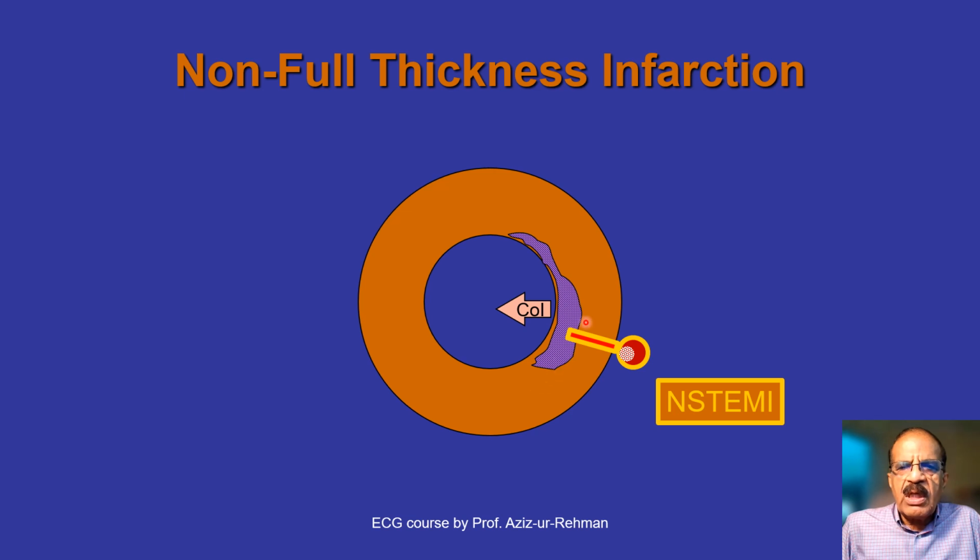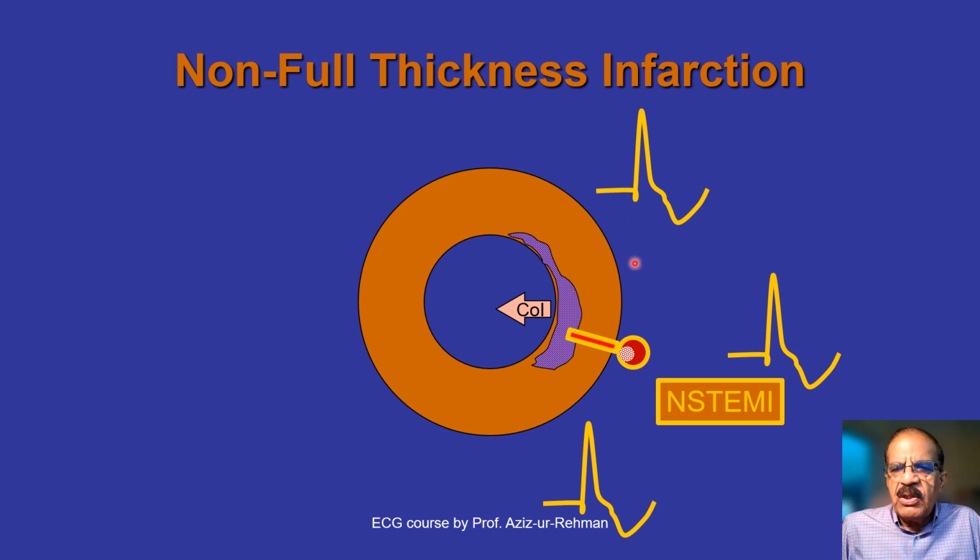Because the current of injury is flowing this way, this part of the myocardium is viable and is behaving normally as far as repolarization and depolarization are concerned. So there would be no ST segment elevation. ST segment elevation is caused by current of injury, and in this case, current of injury is going this way. And these are the changes.